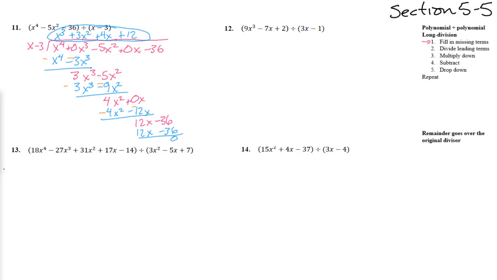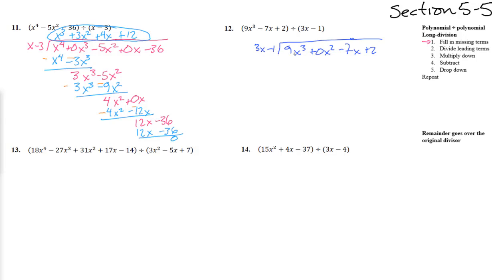Okay, number 12. We have 3x minus 1 goes into 9x cubed. There's no x squared, so let's make an x squared column, minus 7x plus 2. All right, 3x minus 1.